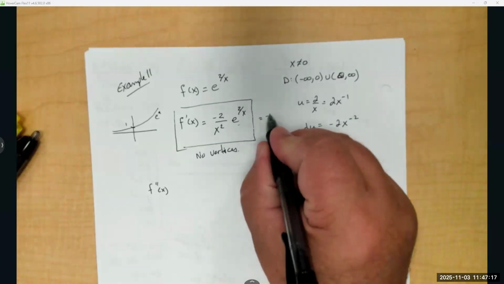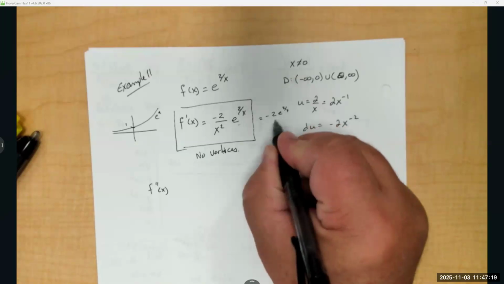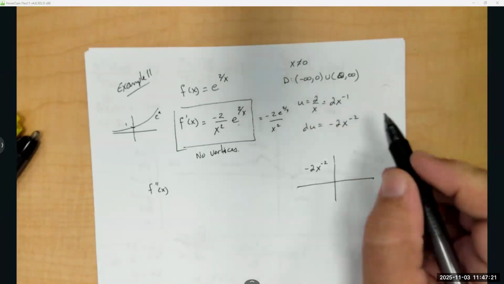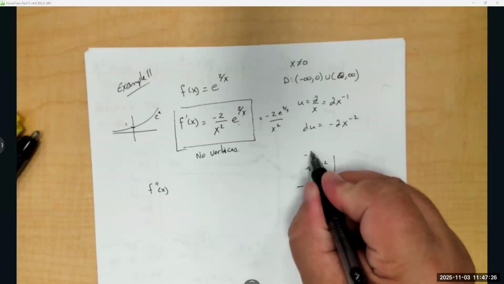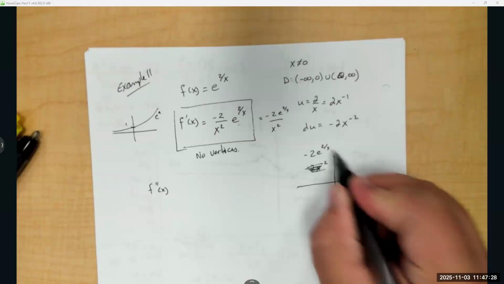Should I leave it like that? Yes, let's go ahead and leave it like that. Let's do a quotient rule. So negative 2 e to the power 2 over x.